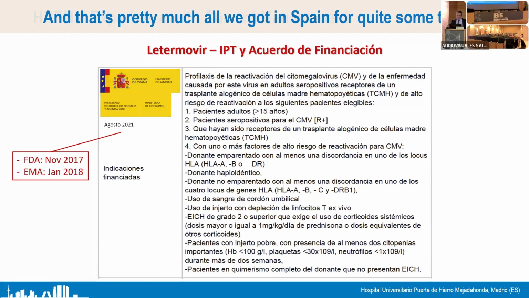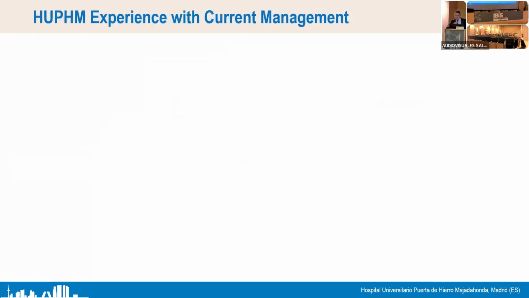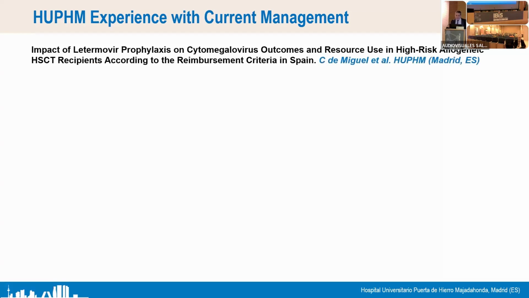So I'd like to look a little bit at that. I'm going to summarize in one slide something recent that Carlos has looked at again with the current management with prophylaxis, which will hopefully be presented at EBMT this year, right, Carlos? You haven't received any feedback yet.